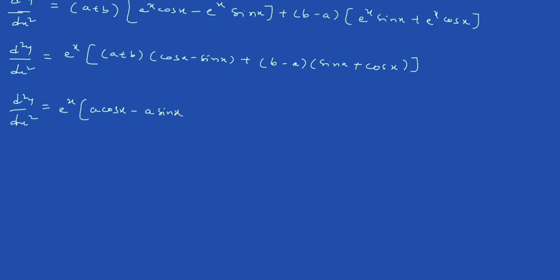Now multiplied a to these two terms. Next plus b cos x minus b sin x. Next multiply b to the next two terms, plus b sin x plus b cos x.